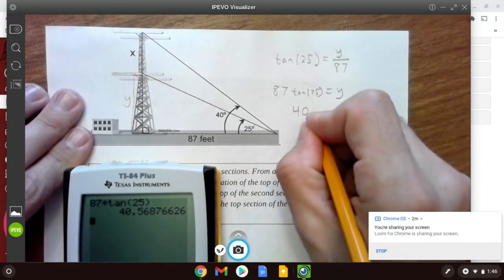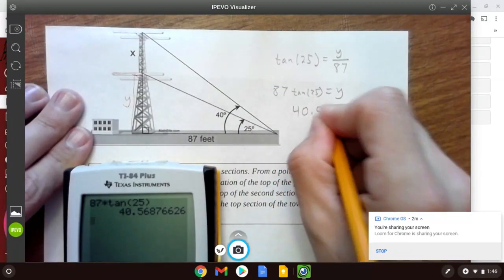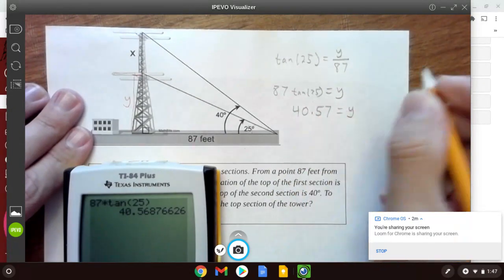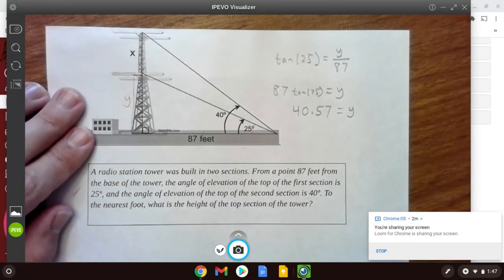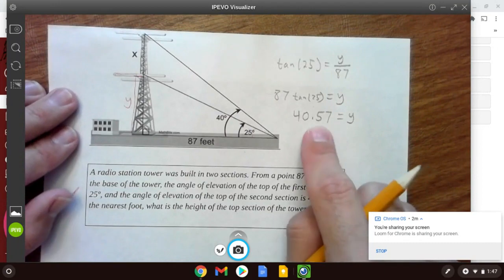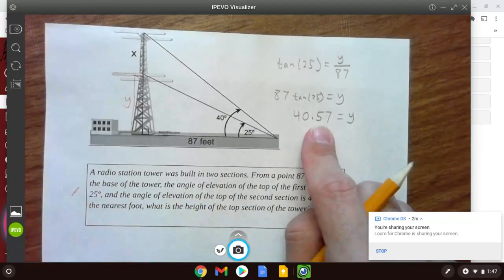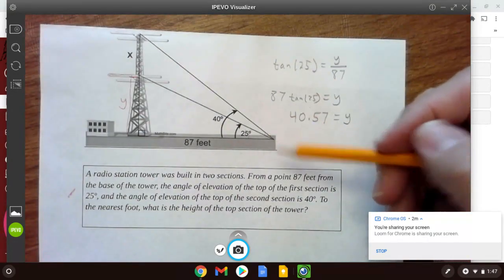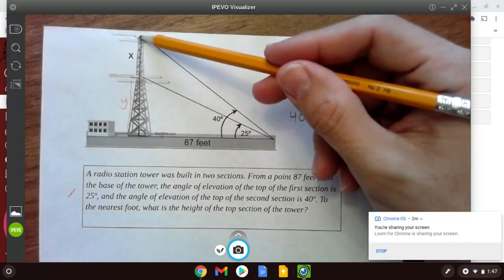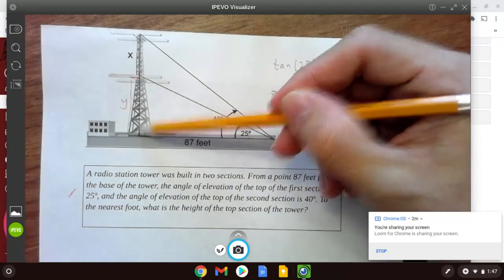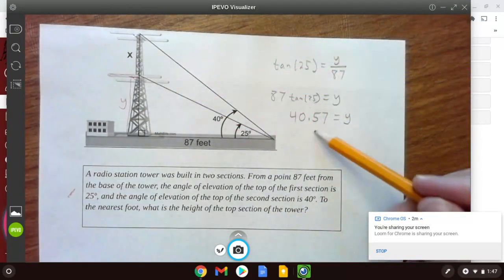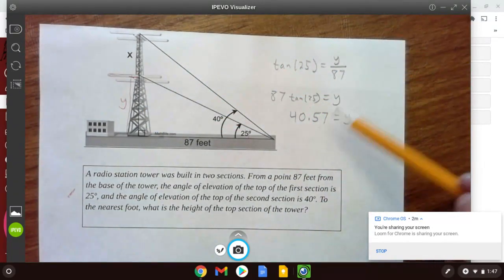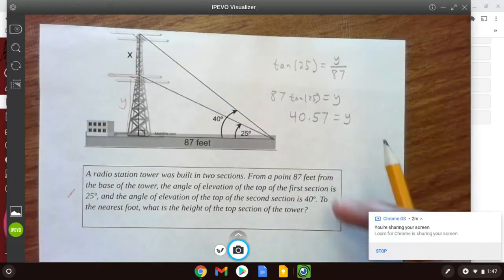So y is equal to 40.57. I'm rounding it here so that I get a little bit better of an answer for later. Now if I find this whole height, I can just subtract off the 40.57, and that's going to give me the remaining x.